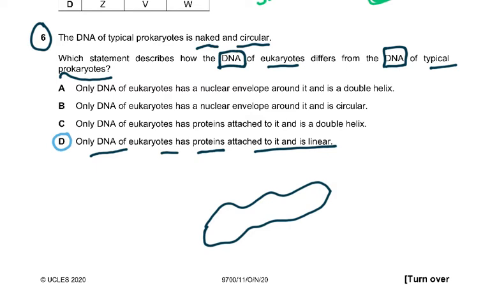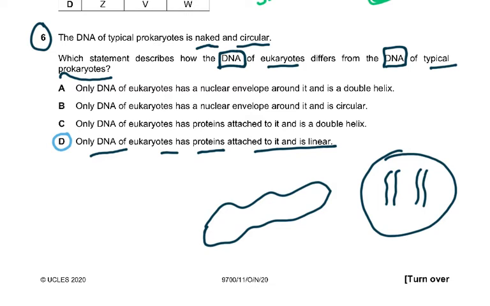You don't tell me, okay, the DNA is present inside the nucleus and the nucleus is bounded by a nuclear envelope. So, that is wrong. Then only DNA of eukaryotes has a nuclear envelope around it. This is the nucleus. The chromosome is inside it, we say made up of DNA. So they're asking us how this DNA is different, not where it is present.